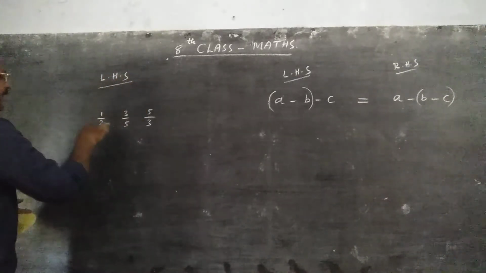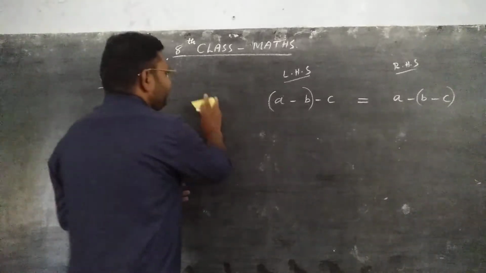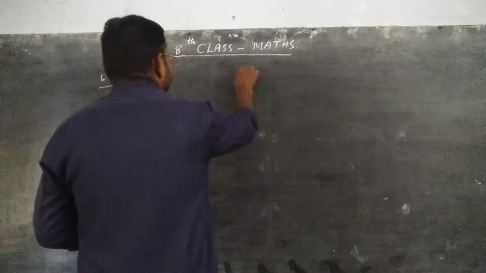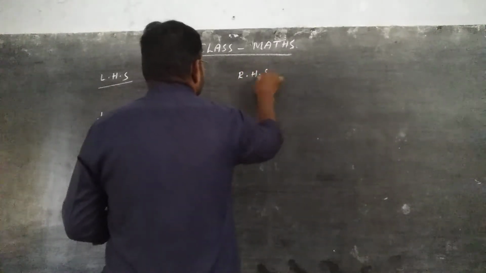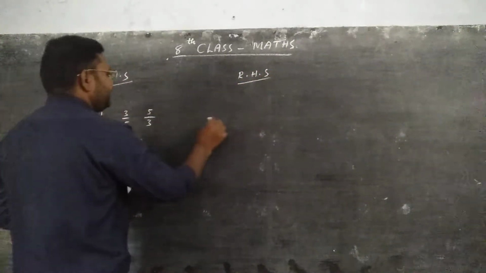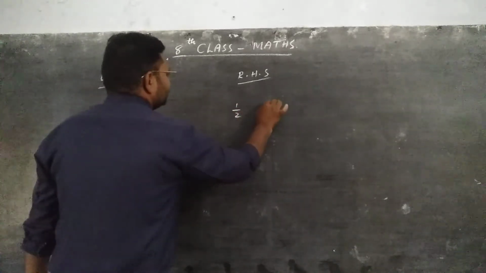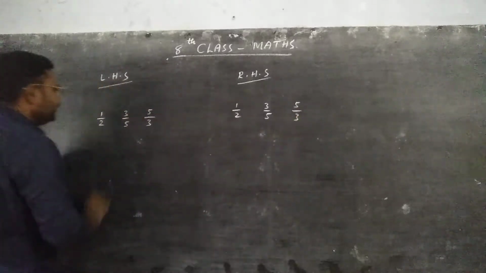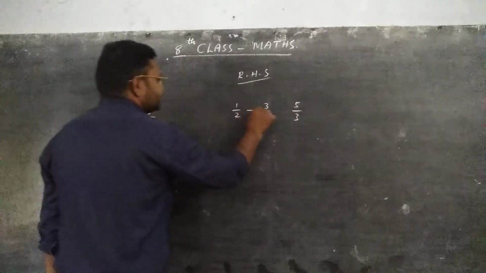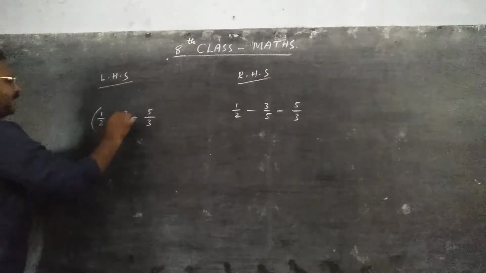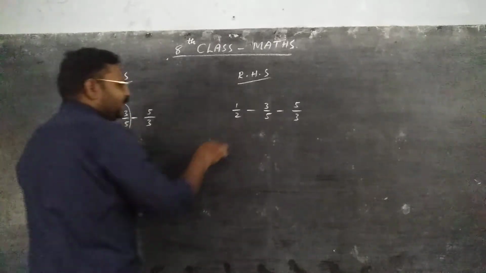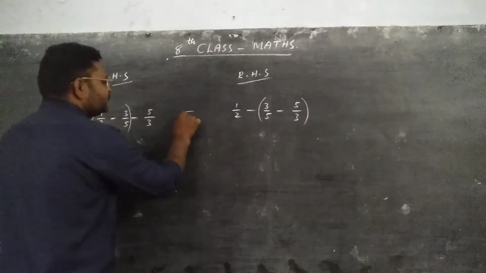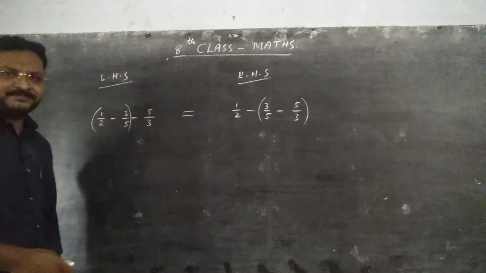Again we have to write RHS also. You write the same fractions 1 by 2, 3 by 5, 5 by 3 with subtraction symbols. Apply the bracket for the first 2 here, and the bracket for the last 2 here. In between use the equality symbol.